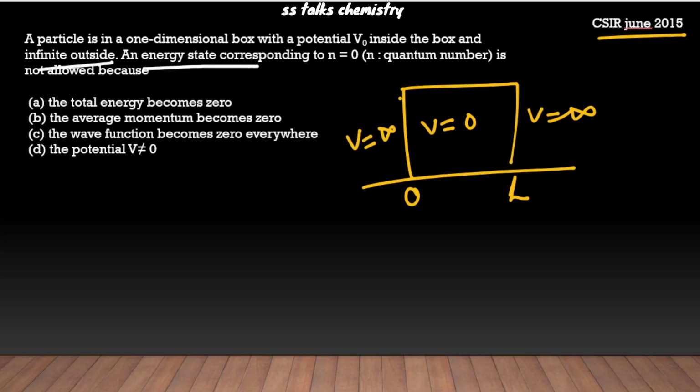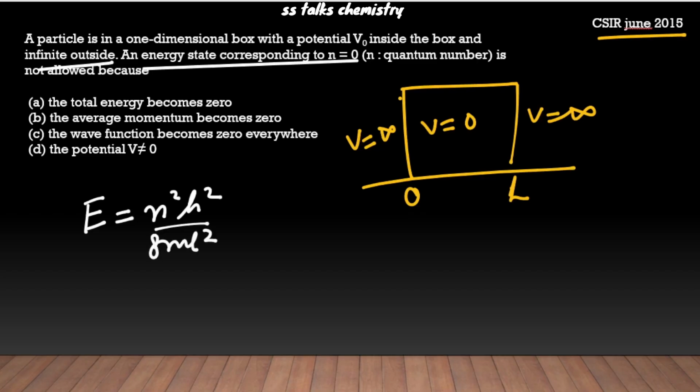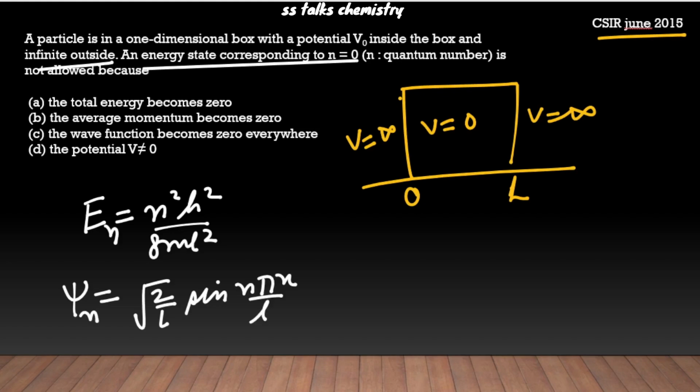An energy state which is corresponding to n equal to 0 is not allowed. Why is it so? So in this particle in a box system, the energy value that you get is n square h square upon 8 m L square, and the wave function that you have is root of 2 by L sine of n pi x upon L. For any of the nth state, these are energies and the wave functions.